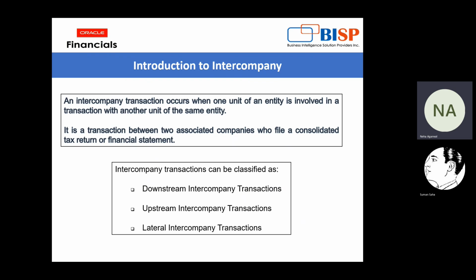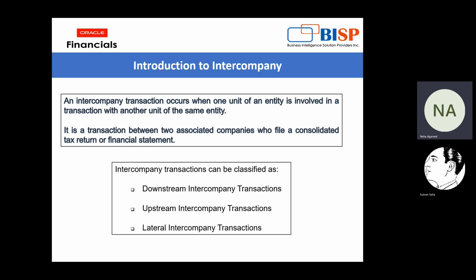Some reasons for the occurrence of intercompany transactions: these transactions can occur for various reasons and normally occur as a result of normal business relationship between the units of the entity. An intercompany transaction is recognized in the financial records of both units of the entity.